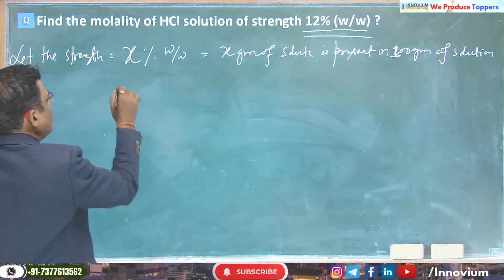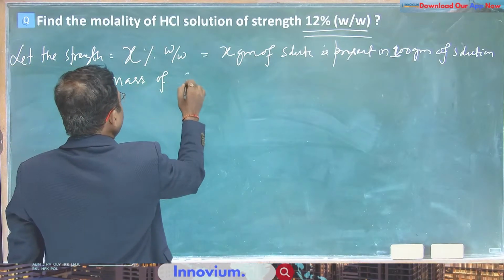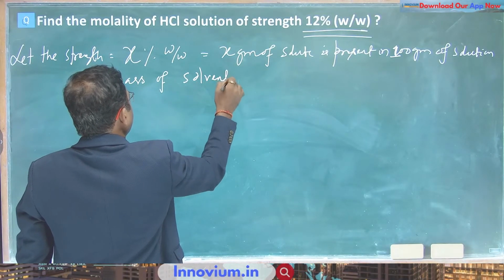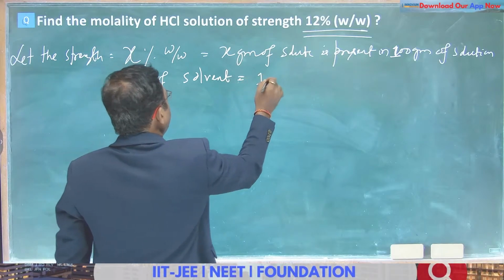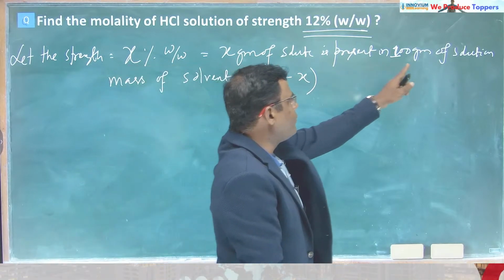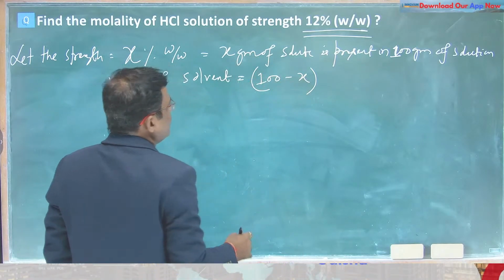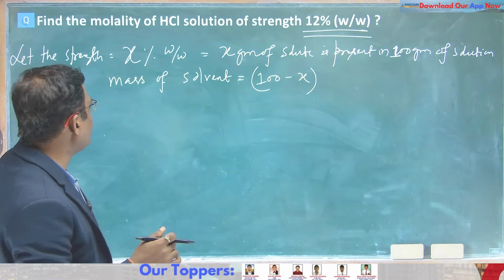Now, if the solution mass is 100 gram and X gram of solute is present in it, then what is the mass of solvent? That is equal to 100 gram minus the mass of solute. So 100 gram of solution contains X gram of solute, and if you subtract the mass of solute from 100 gram of solution, you get the mass of solvent.